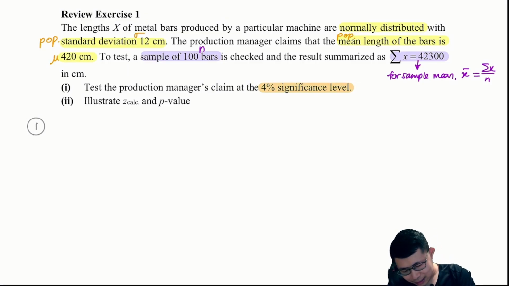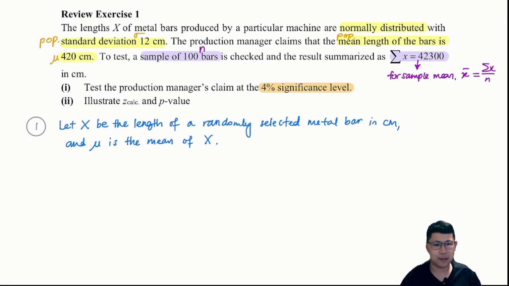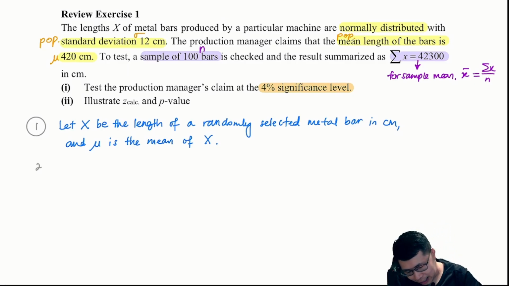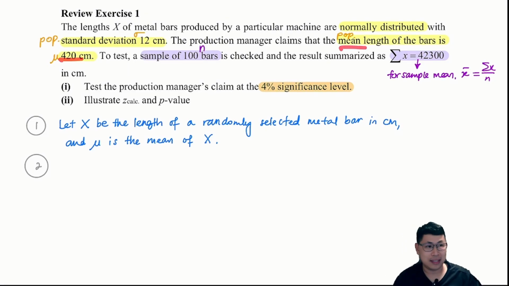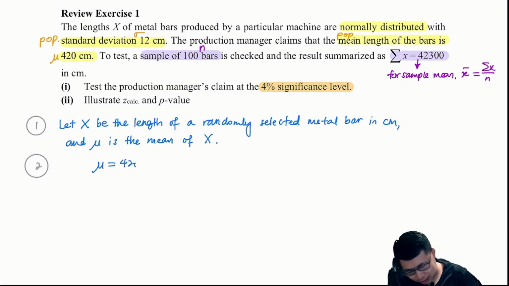Step 1, declaring our random variable. Declaring x to be the random variable and mu as the mean of x. Step 2, we are going to locate our null and alternative hypotheses. Now the claim is that the mean length of the bar is 420 cm, so we have mu equals 420 cm.